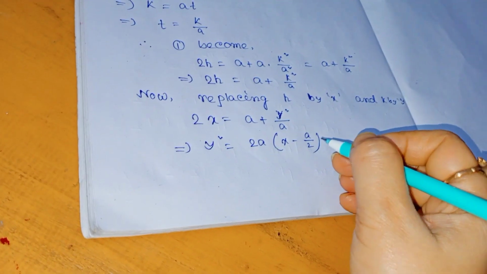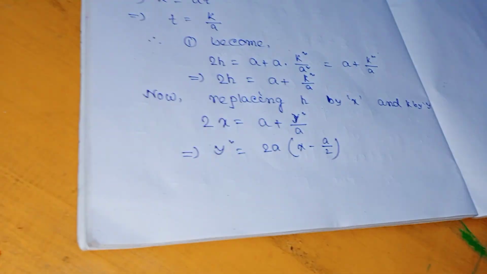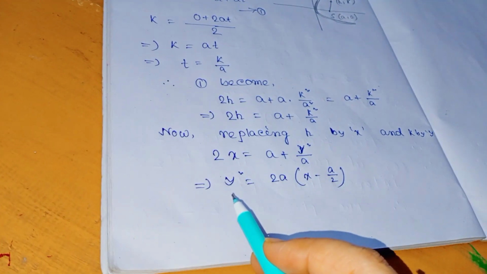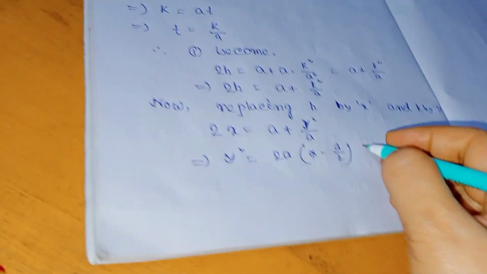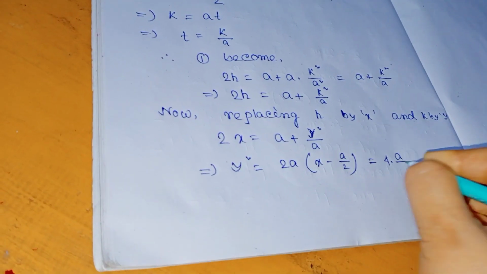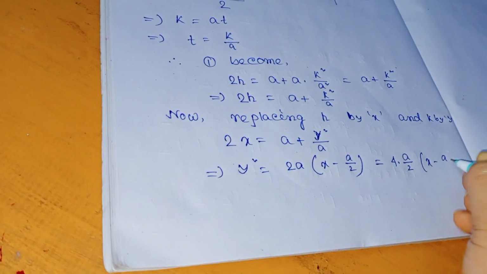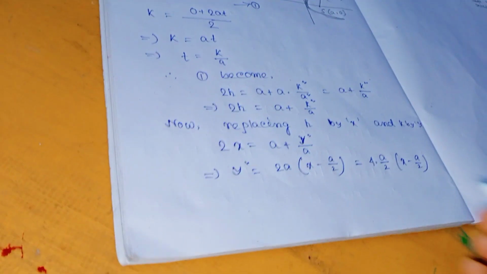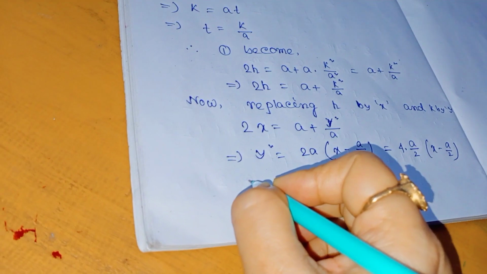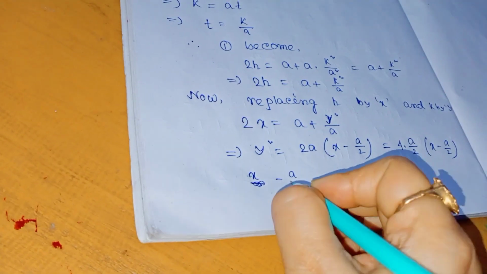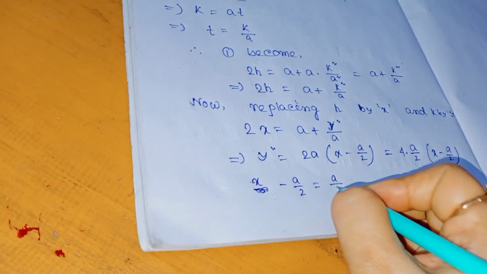So this is a shifted parabola. We should calculate the parabola's focus. We write this equation as 4 into a by 2 into x minus a by 2. So here for the focus, x minus a by 2 is equal to a by 2.